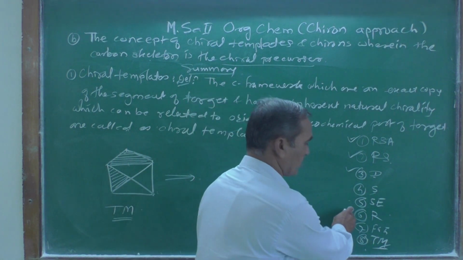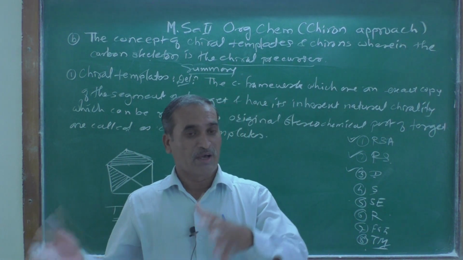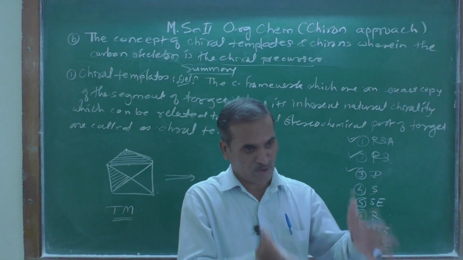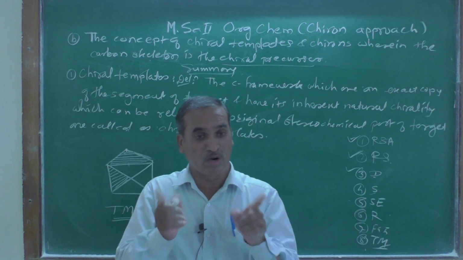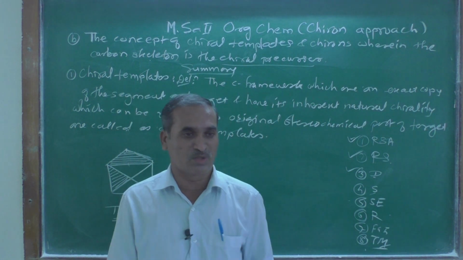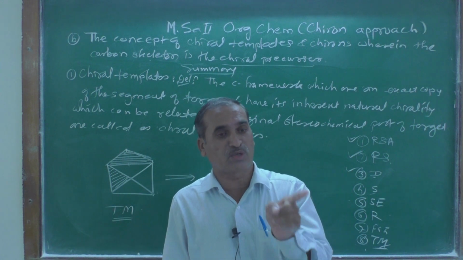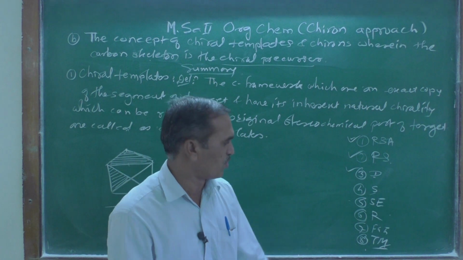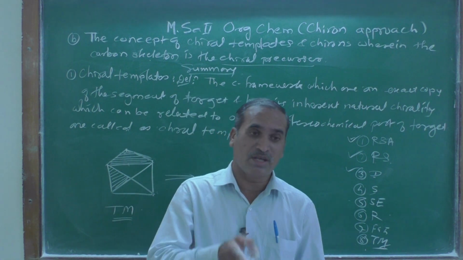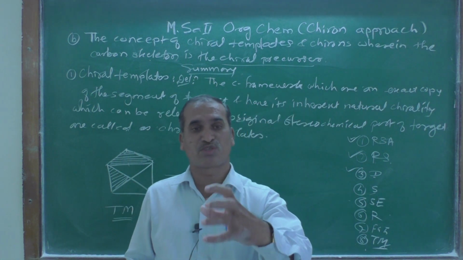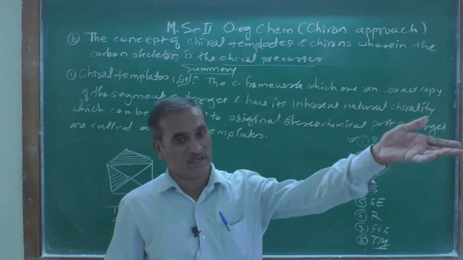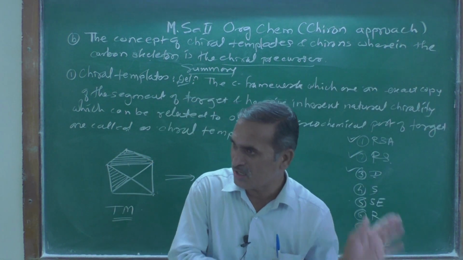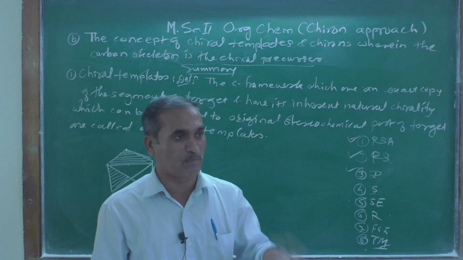And reagent, everybody knows this word from 11th standard. Reagent means a compound which reacts to give an intermediate or the target molecule itself. And FGI means functional group interconversion. In that case we are converting, here also, by using the Chiron approach.